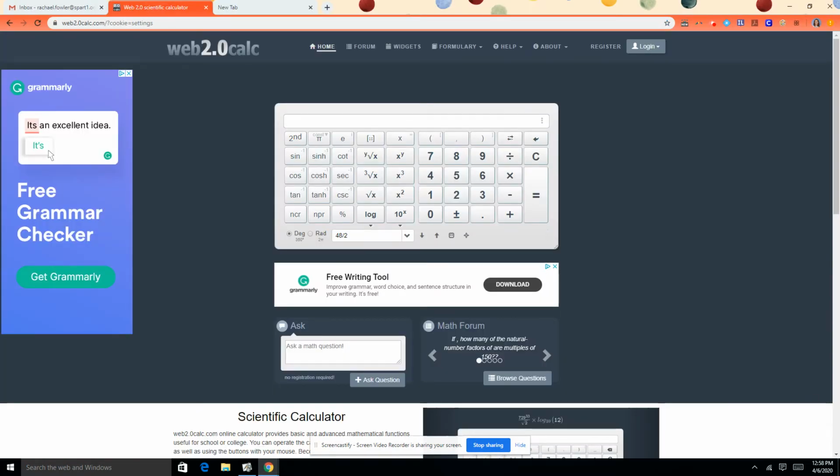And I'm going to check, is 2 a factor of 12? To be a factor, you're going to take 12 and divide it by 2. If you get a whole number, then it is a factor. So since 12 divided by 2 is 6, that means that 2 and 6 are factors of 12, because 2 times 6 gives me 12.